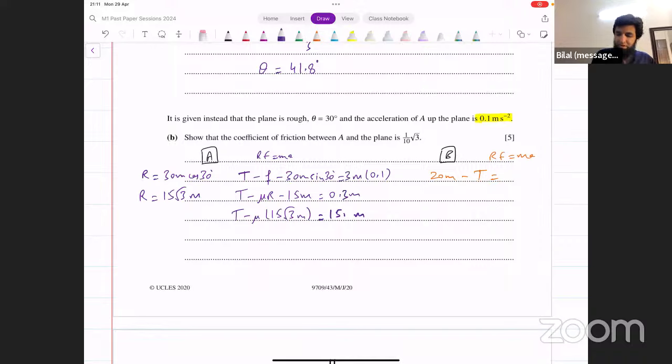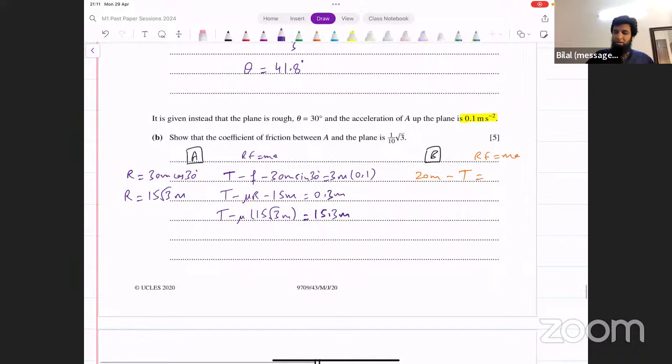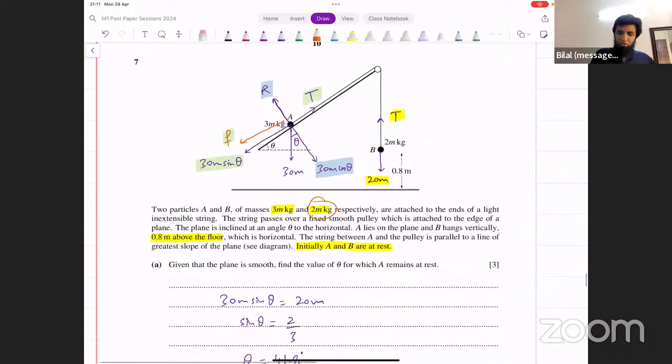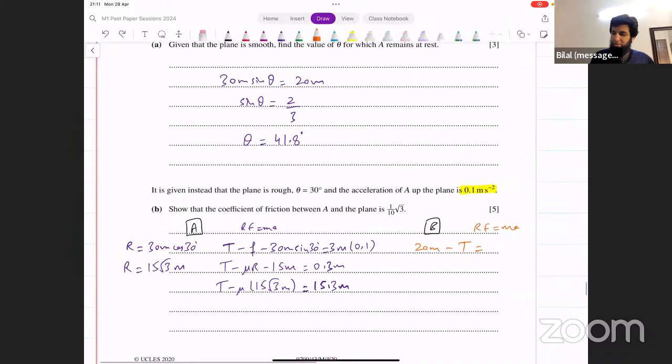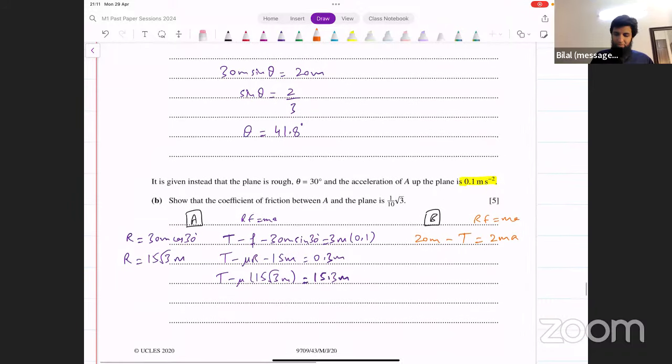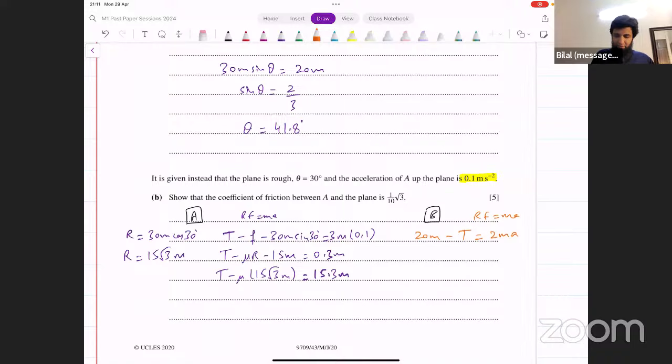It becomes 0.3m and 15.3m. For B, the mass is 2m, so it becomes 2m into acceleration. I'm just checking if I have used 3m anywhere else on the left side. 30m, this is fine. It was coming from the earlier side.